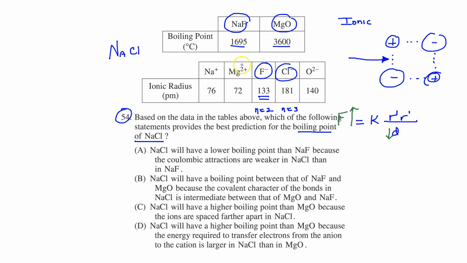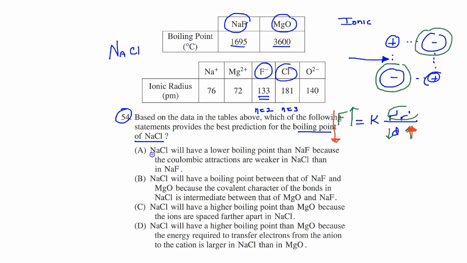So I'd expect NaCl with a much bigger ion here. The size of the charge stays the same, but I expect it to have a greater distance. The denominator is getting bigger, which means the force of attraction is getting less.